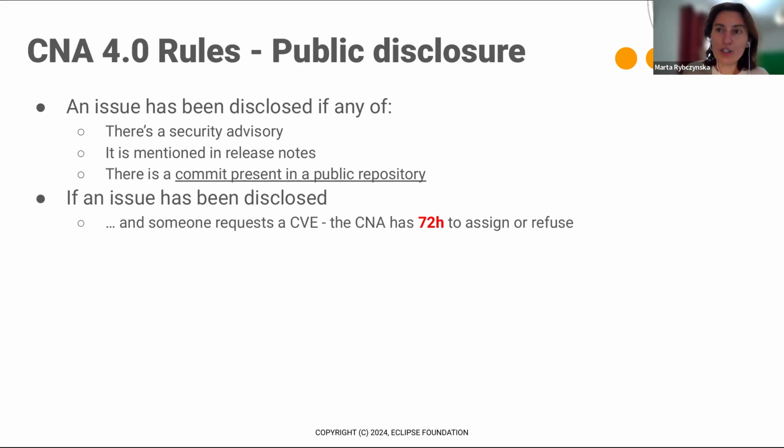But also, if the issue is mentioned in the release notes, or if a commit is present in a public repository, MITRE and the CVE program consider this a disclosure. And when an issue is disclosed, everyone can ask for a CVE, and then the CNA has 72 hours to answer. It's pretty important because the time is pretty much limited here.